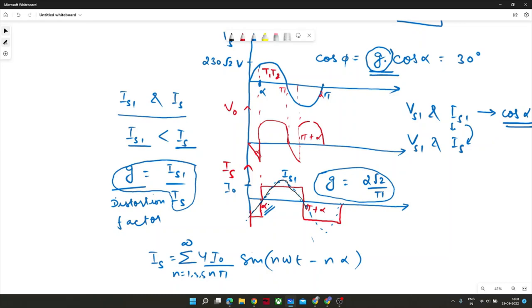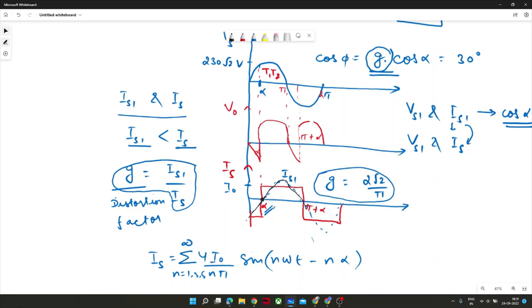You see, this Is waveform got shifted by angle alpha due to the firing angle, right? The reason behind the shifting of this Is waveform was the firing angle. And if you draw the fundamental Fourier of this square wave, the zero crossing point will come at alpha and pi plus alpha.